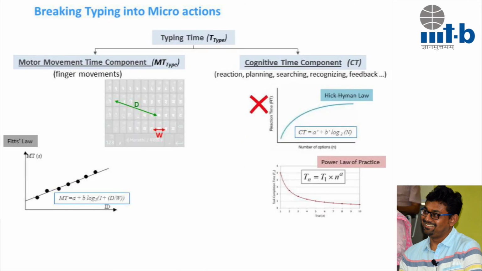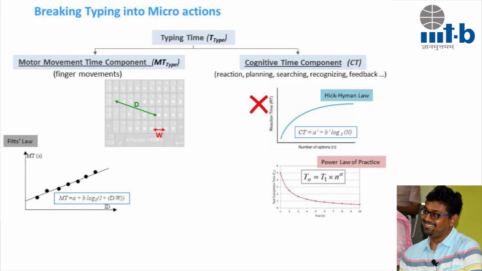The way we approach this is by breaking down typing. What is typing basically? We approached typing by breaking it into micro actions. What are the micro actions? Moving our finger from one character to another is one part of it, which involves motor movement.